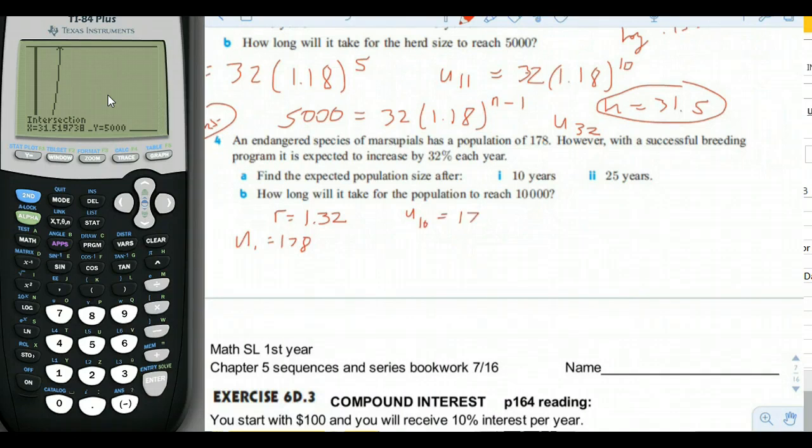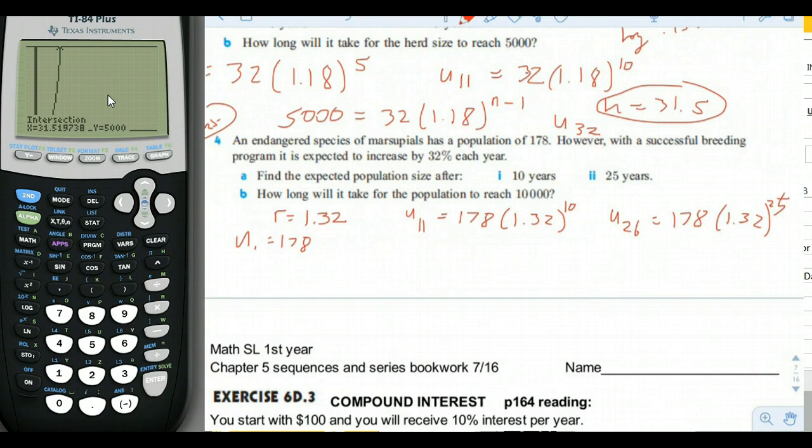So it would be 178 times 1.32 to the, it would be after 10 years would be U11, right? So it would be that. And then the 25 years would be U26. 178 times 1.32 to the 25th.